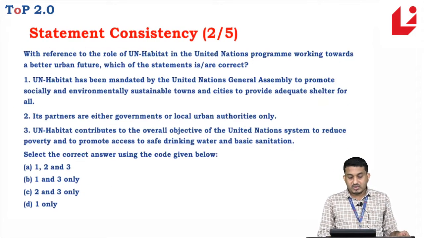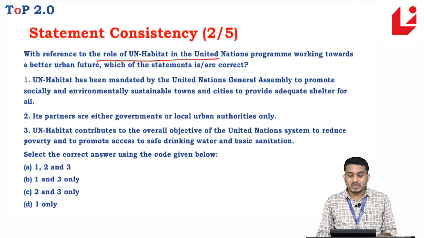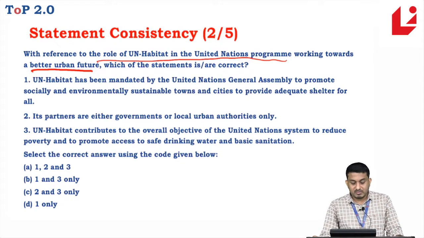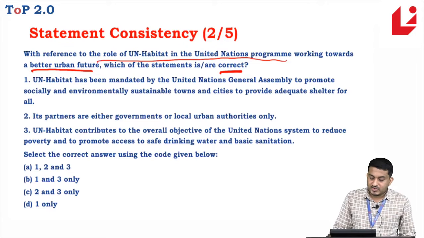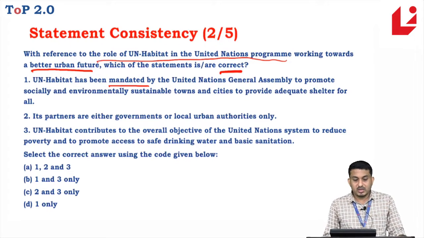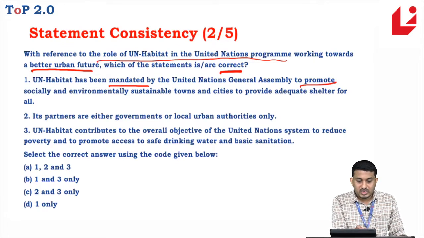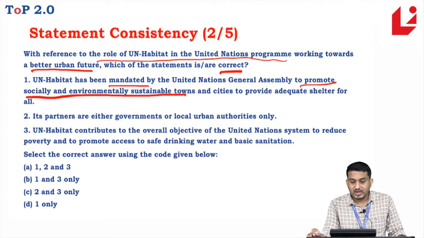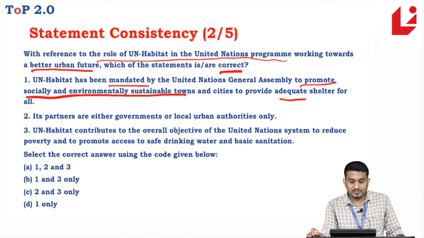Now coming to the next example. With reference to UN Habitat, the United Nations program working towards a better urban future, which of the following statements is or are correct? You read all the statements and try to find out the answer. First statement, UN Habitat has been mandated by the United Nations General Assembly to promote socially and environmentally sustainable towns and cities, to provide adequate shelter for all.